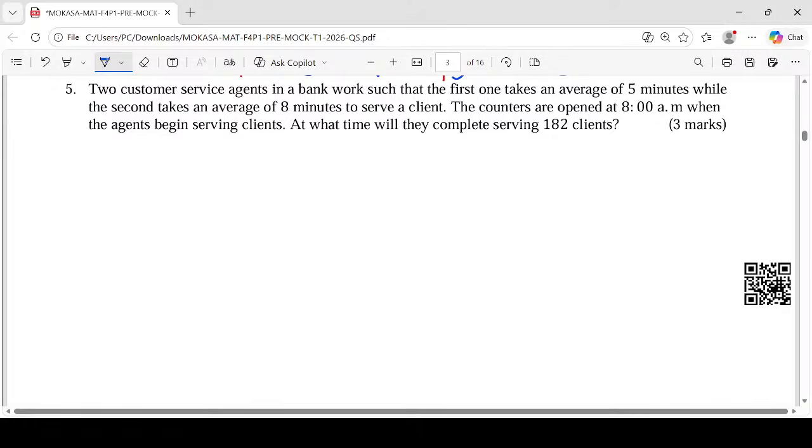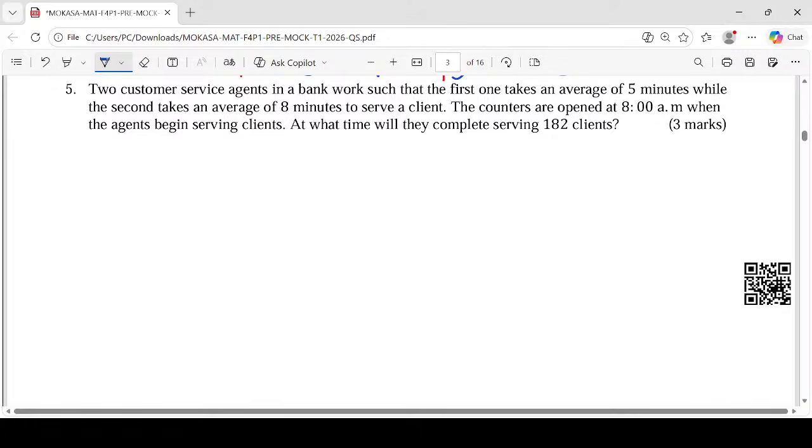The counters are opened at 8 a.m. when the agents begin serving clients. At what time will they complete serving 182 clients?